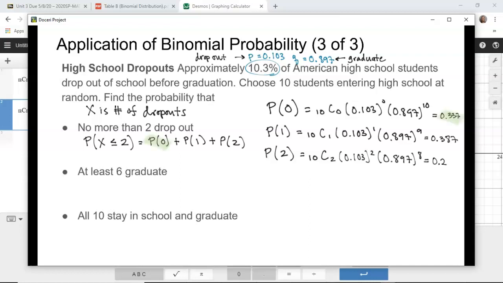The only thing changing here is the value of X. Right now X is 2, so 10C2 stays the same, to the 2nd power, to the 8th power. Each time the exponents add up to the number of trials. So 1 plus 9 is 10, 2 plus 8 is 10, and then these values essentially stay the same.